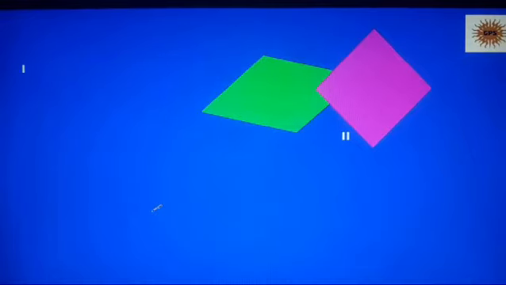Let us see. We are given two figures. This is the first figure and this is the second figure. Let's see whether they completely overlap each other or not. It seems that they'll not overlap each other. Let's see.